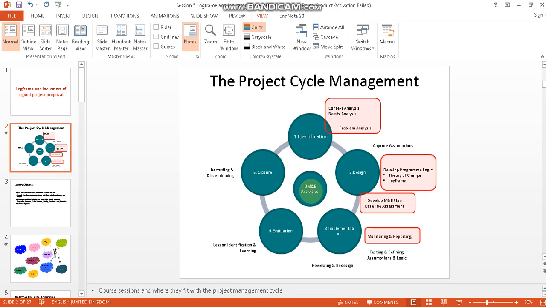And here in the middle you can see design, monitoring and evaluation related activities. Especially the monitoring and evaluation part is an ongoing process in each of the stages of this project cycle management. For example, in identification, how is monitoring essential?